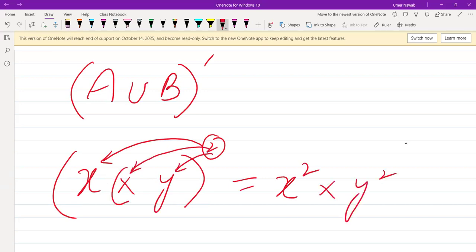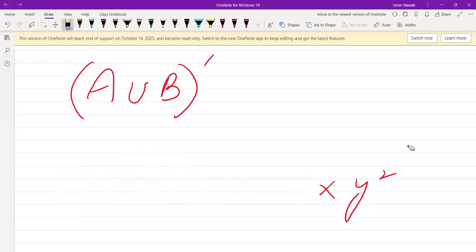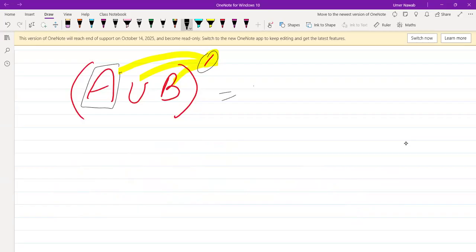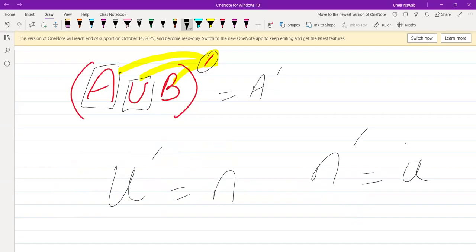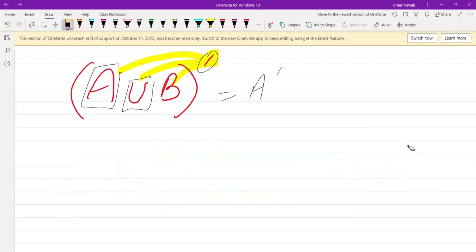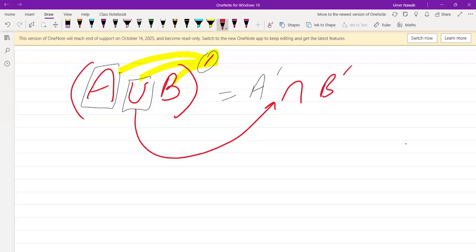But this square doesn't affect multiplication. But in sets, this is very interesting. When I share the power with these, A gets the complement. The complement of union is intersection, and the complement of intersection is union. Be careful about it. So this union will turn into intersection, and then we have B complement.